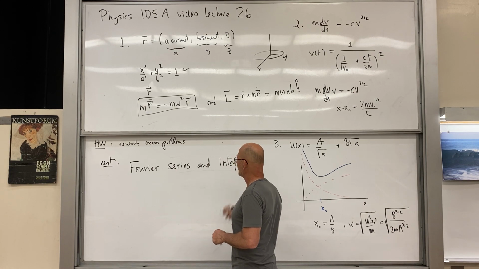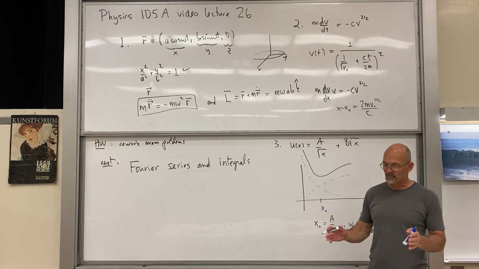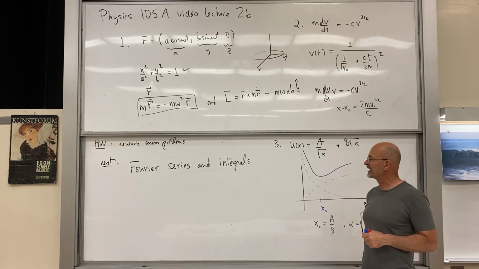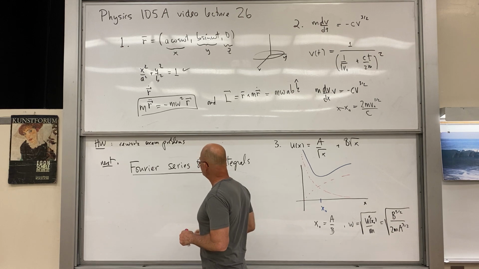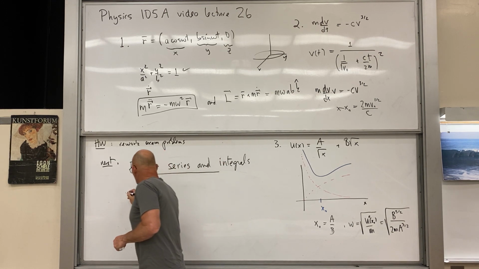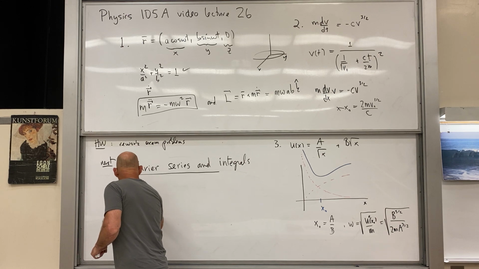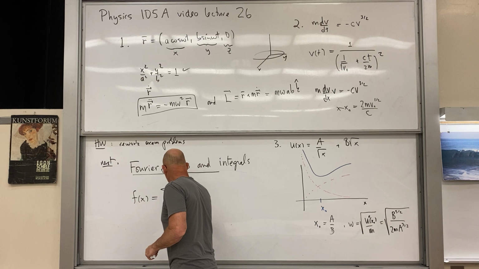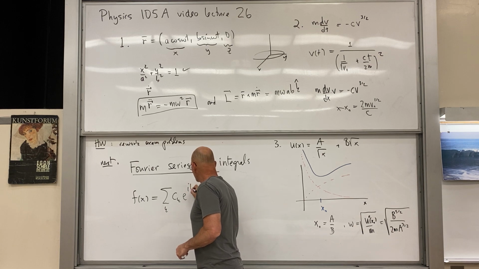And I think I mentioned before, when we're all done with this, you could boil it all down to one page or two pages, and you'd have a useful compendium. Good. So here's what we have. We're using the complex form, and you'll see why. Sum over k, all the integers, c sub k e to the i kx.